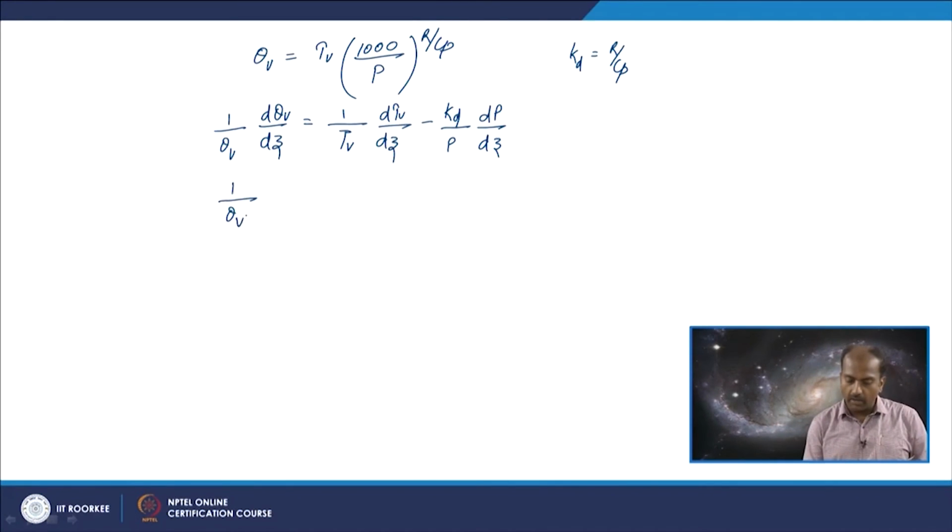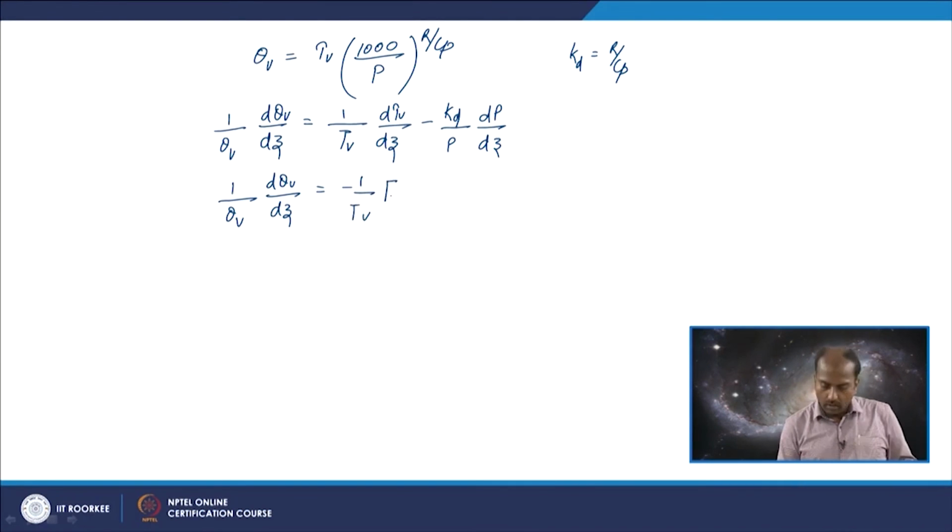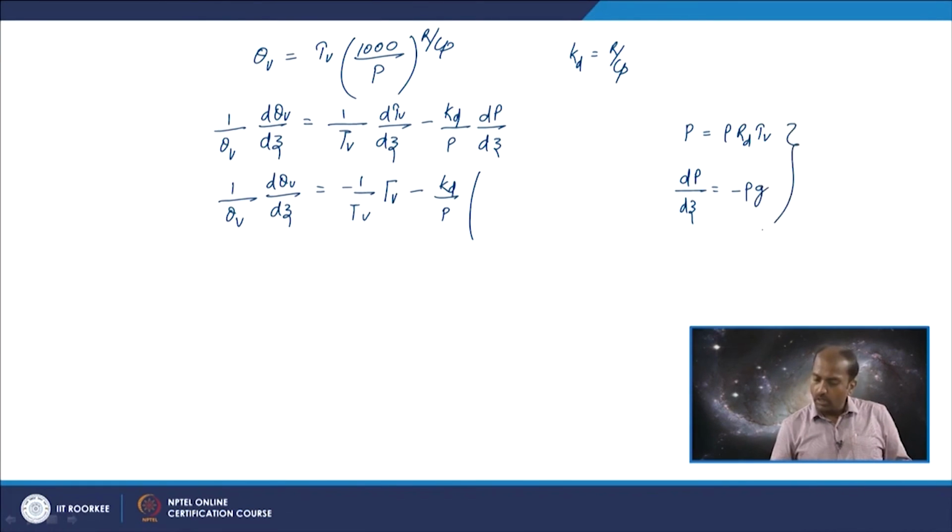If I expand it, d theta v by dz is equal to minus 1 by Tv gamma v minus Kd by P. Now P is equal to rho Rd Tv, and the hydrostatic equation is dP by dz equals minus rho g. Combining these two, rho is equal to P by Rd Tv.